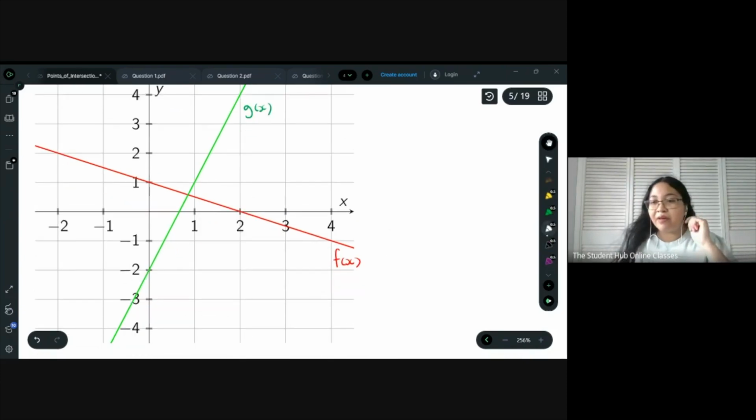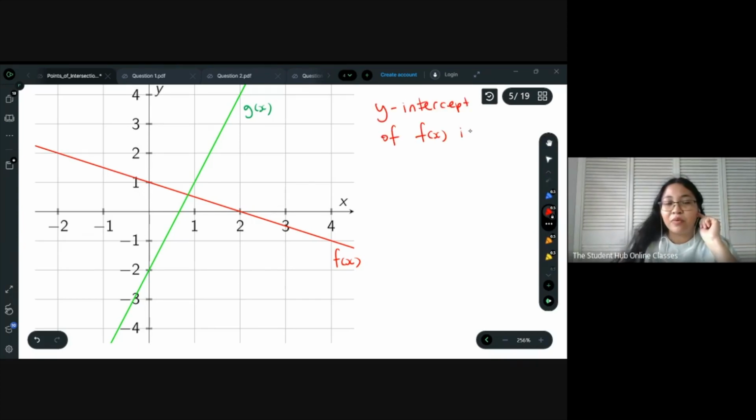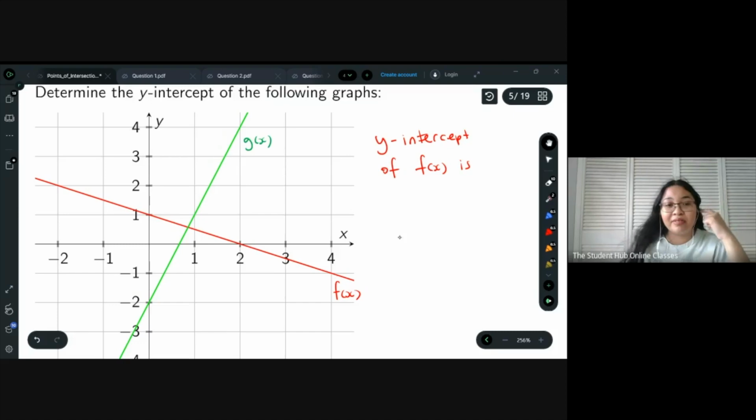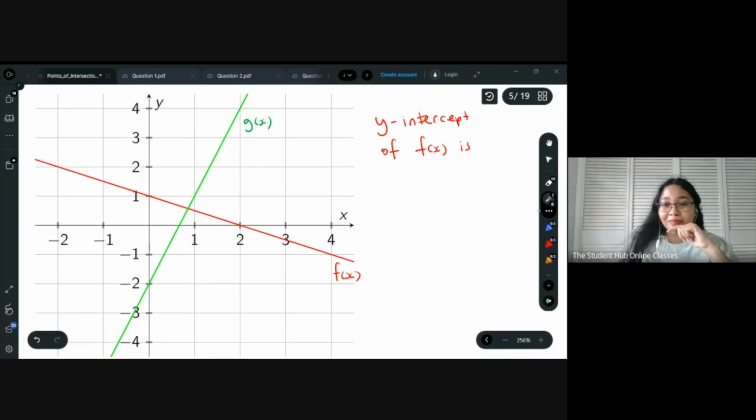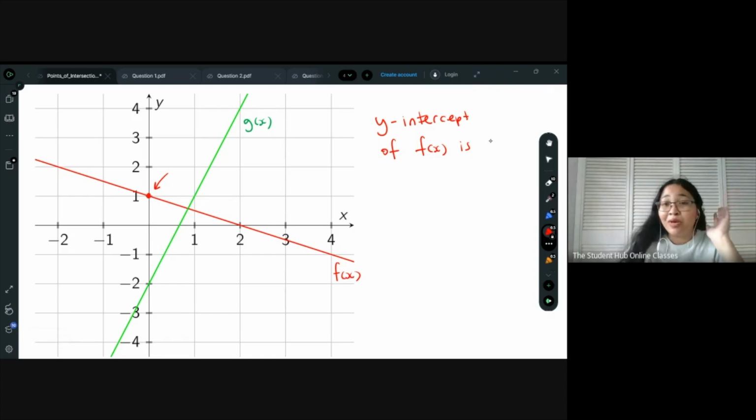So for the red graph, y-intercept of f of x, what is it going to be? Where does the red line cut the y-axis? So at what point? Yes, thanks, Rochelle. 1. Everybody seeing that? Yeah. So the y-intercept is 1.